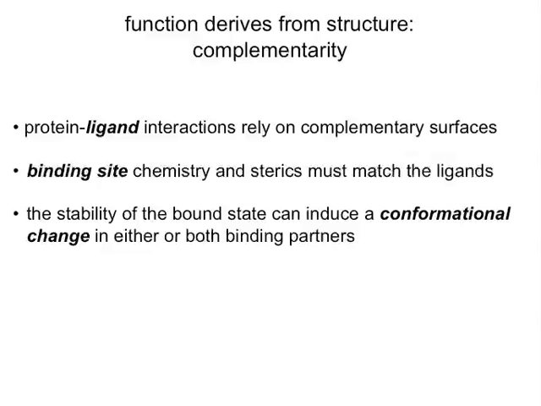However, we don't think of complementarity in a rigid sense. Proteins and ligands both undergo conformational change, and so one can imagine that the protein could induce a conformational change in its ligand, or you could also think of that as the protein binding site stabilizing a particular conformation in the ligand, and the same is true of the ligand altering the conformational state of the protein.